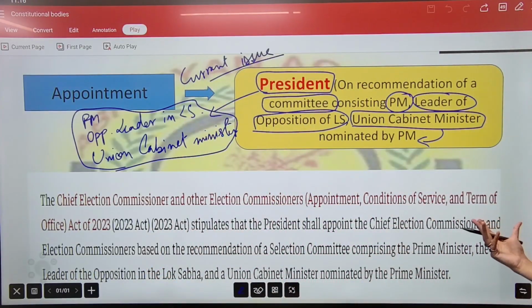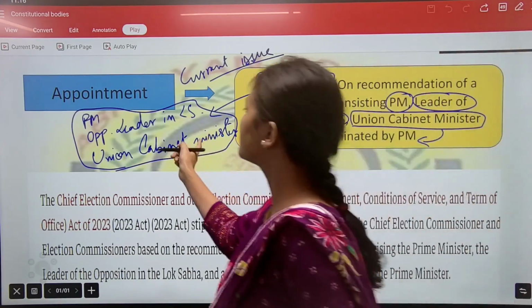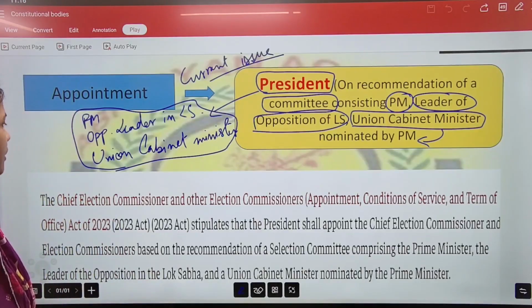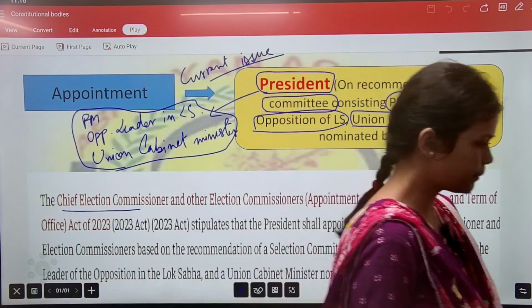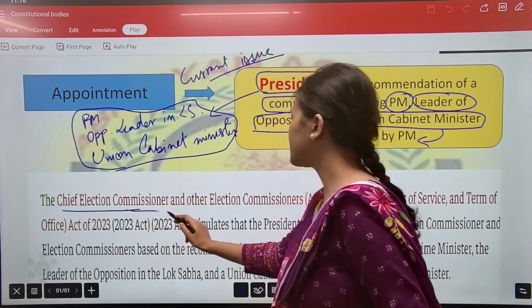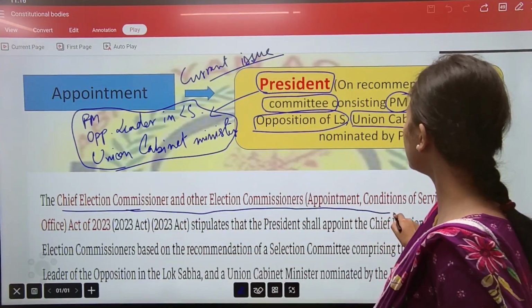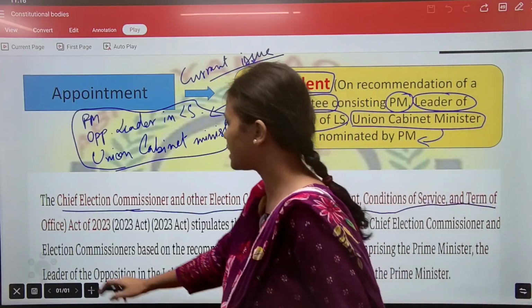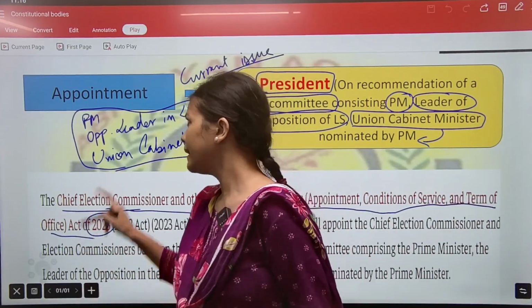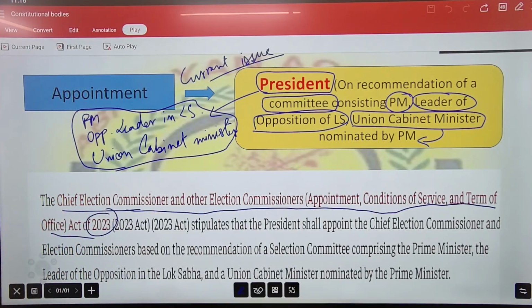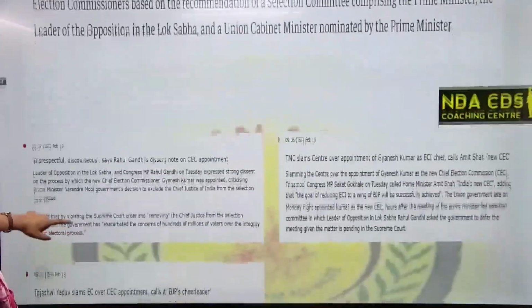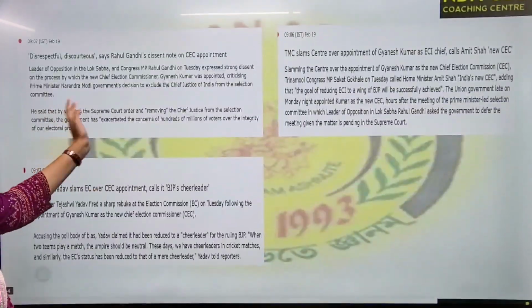Because the opposition needs the Chief Justice of India in this selection committee. But by the Chief Election Commissioner and other Election Commissioners (Appointment, Conditions of Service and Term of Office) Act 2023, it has been decided that the appointment will be done by these three positions. So that's why this is the current issue.